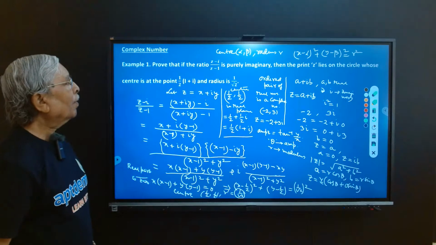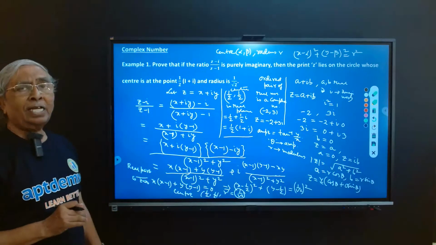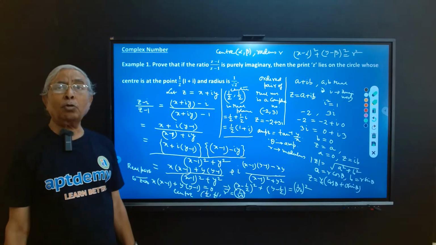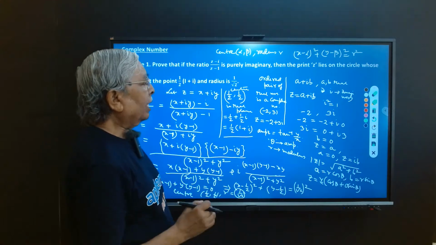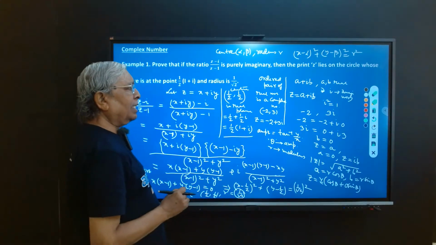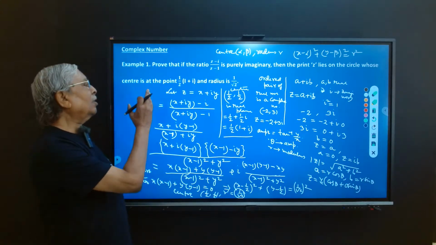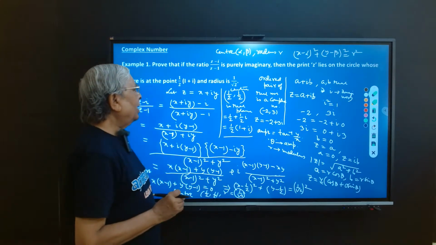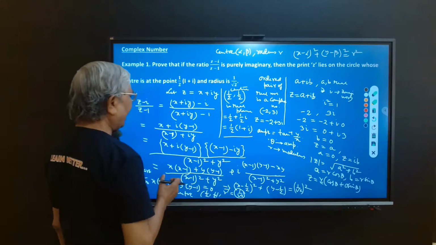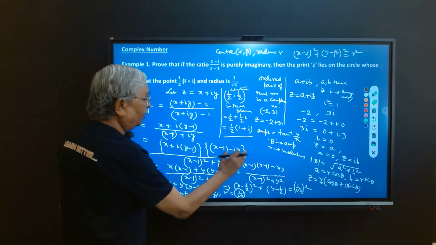What have we done? You are given that the complex number (z minus i) by (z minus 1) is purely imaginary. From the beginning I have told you a complex number is purely imaginary when the real part is 0. So first you convert the complex number into the form a plus ib. Let us write z equal to x plus iy, and after rationalizing we put it in the form a plus ib.